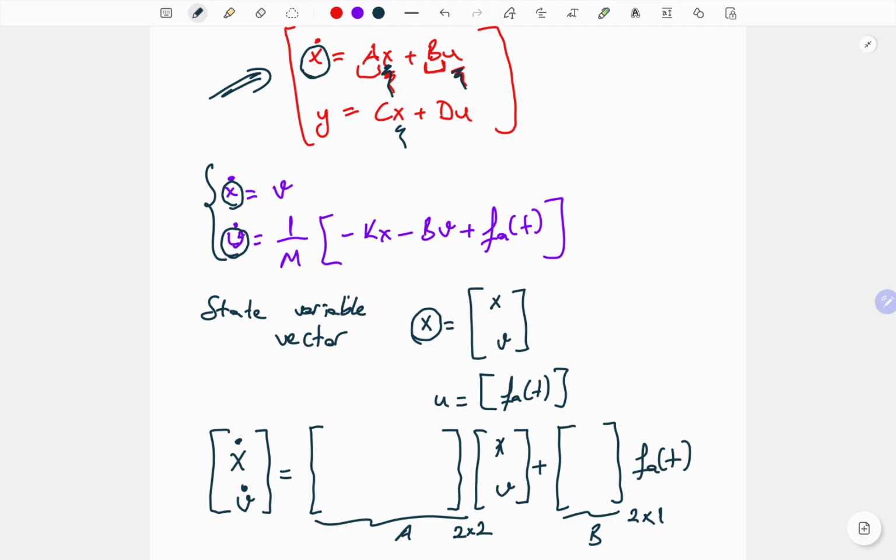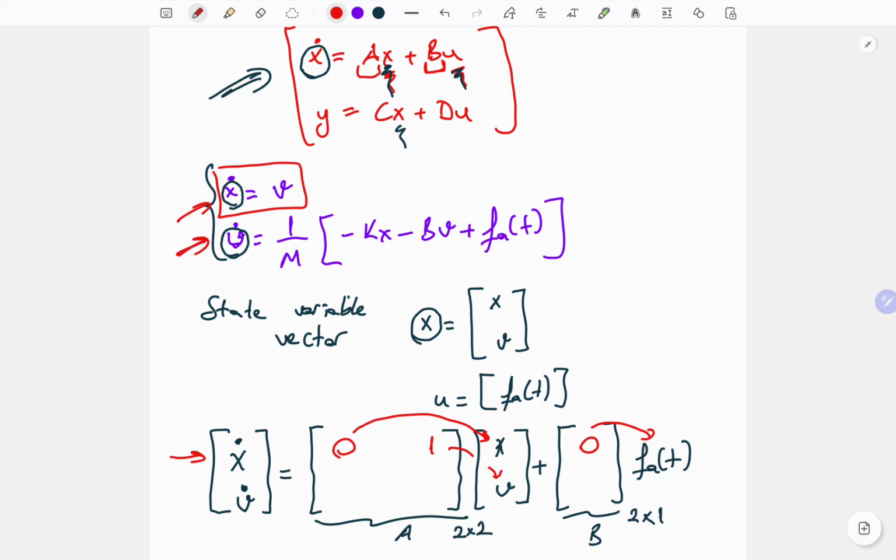Now let's find the coefficients of A and B. We will try to obtain these equations for the parameters of A and B. First, x dot is equal to v. That means we have only a one for that part. According to linear algebra, when you multiply 0 by x, 1 by v, and 0 by Fa, you obtain x dot equal to v.